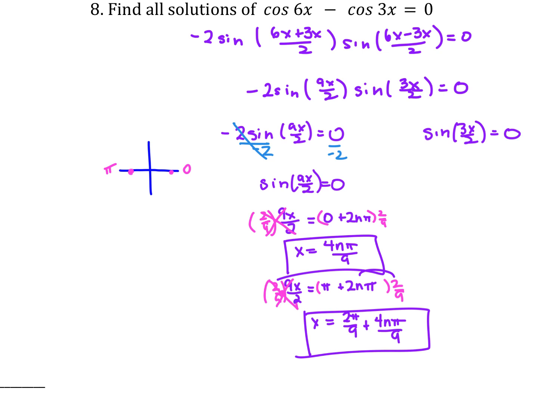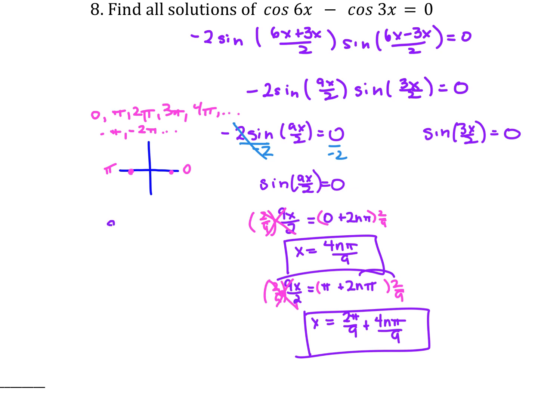Now, you can use one equation because really it's repeating every pi. If I were to list out all the answers, I would have 0, pi, 2 pi, 3 pi, 4 pi. I could go backwards from 0, negative pi, negative 2 pi, and so forth. I hope you see that it really is just adding a pi each time.